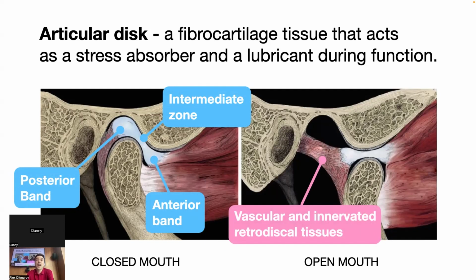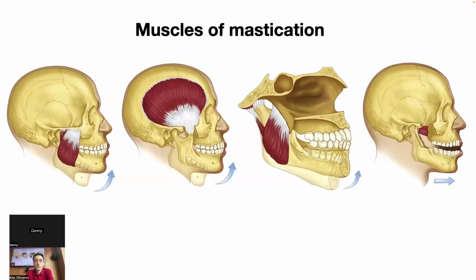I mentioned that it acts as a stress absorber. What kind of stress does it absorb? Where does the stress come from? Well, primarily it absorbs the forces from the muscles of mastication, right? There are several muscles which are very important when we are talking about TMJ.